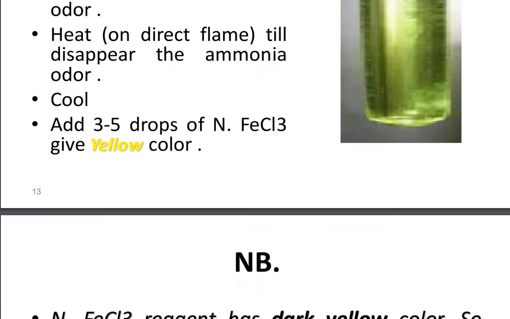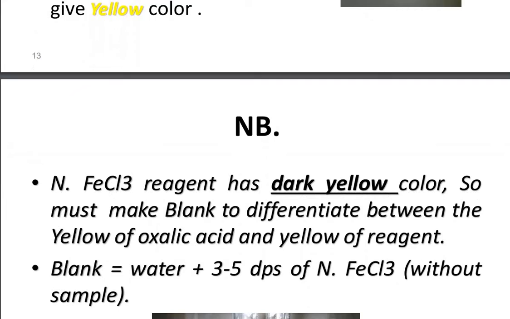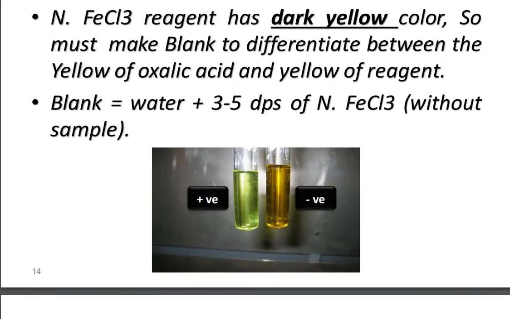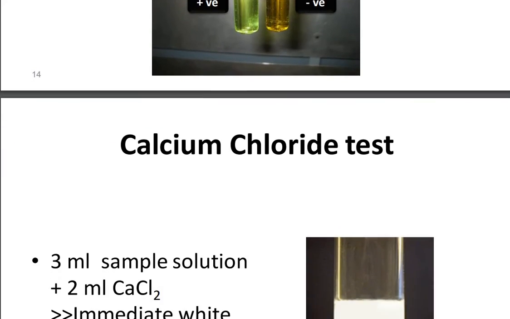You can see here. Now ferric chloride reagent has a dark yellow color, so you must make a blank to differentiate between the yellow of oxalic acid and the yellow of the reagent. So blank: powder plus 3 to 5 drops of neutral ferric chloride without sample. So you can see the positive, you see the negative.